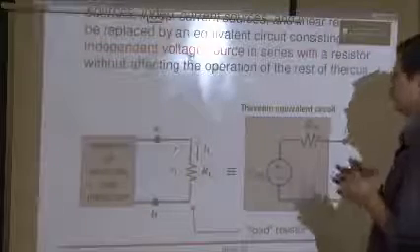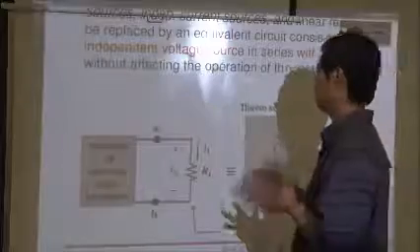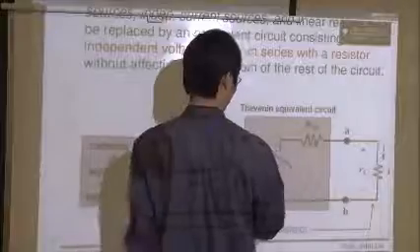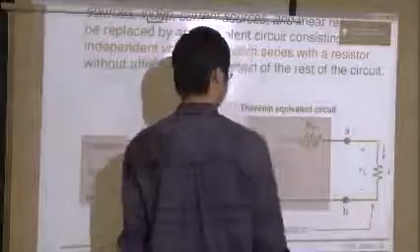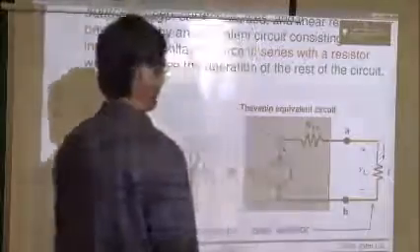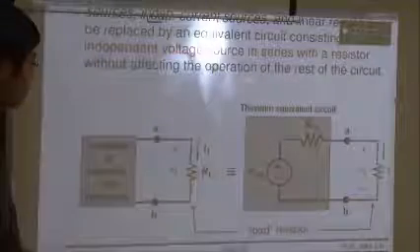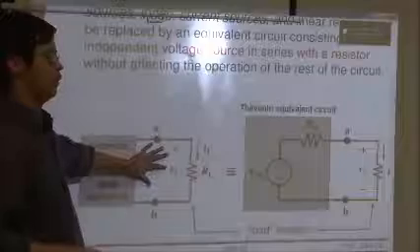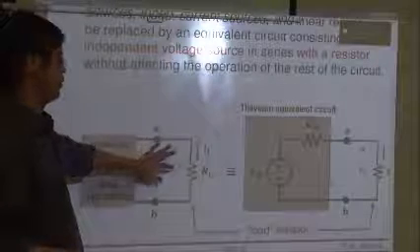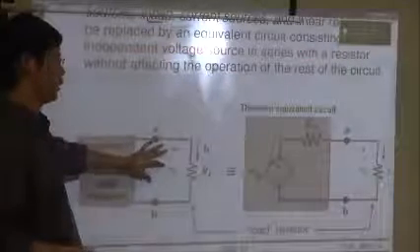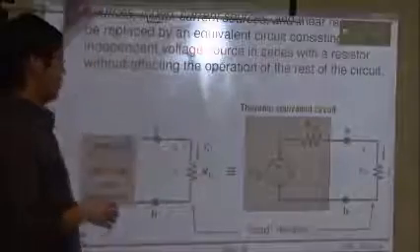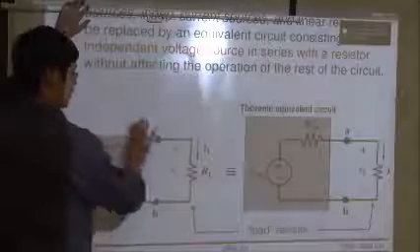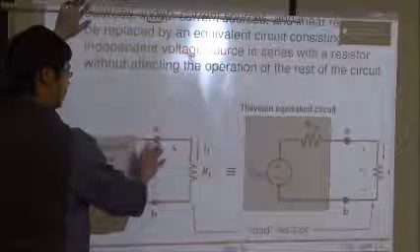These are the variables we're trying to solve: we need to find VTH and RTH. That is done by equating them to make sure they represent the same IV curve to the outside world.